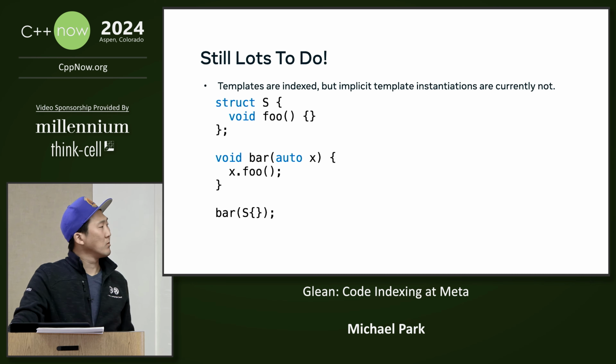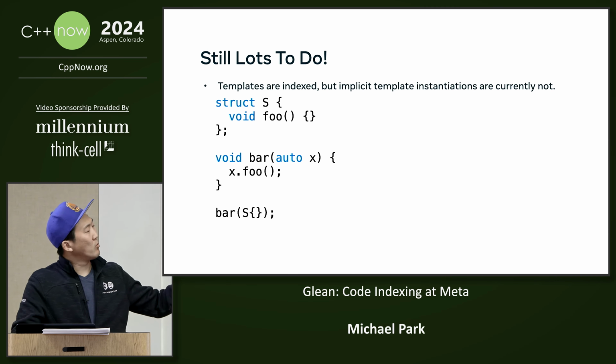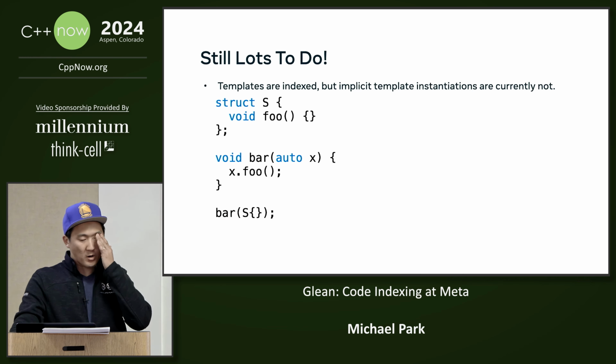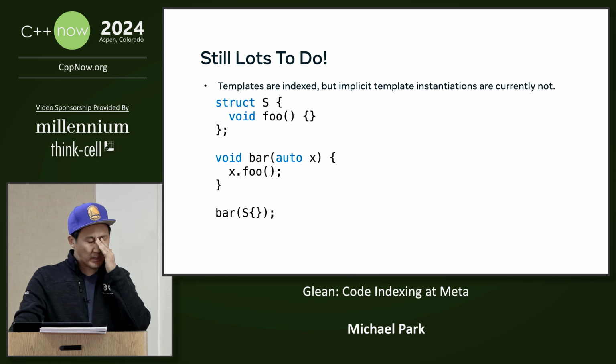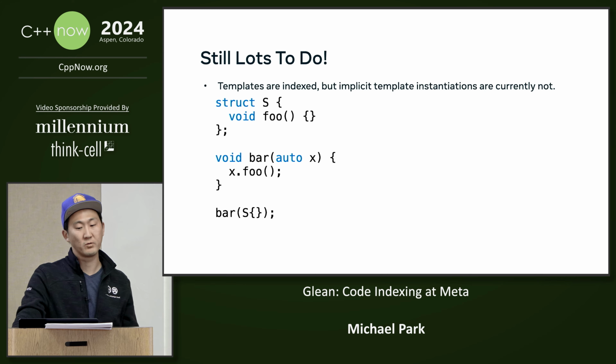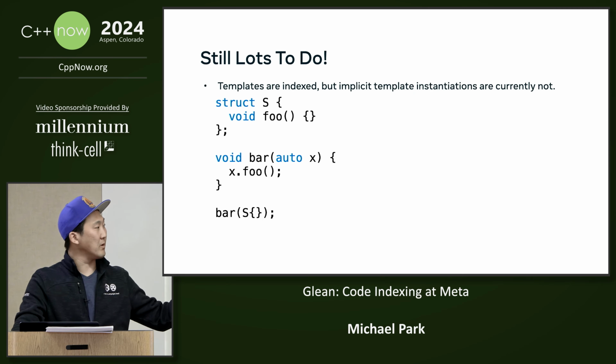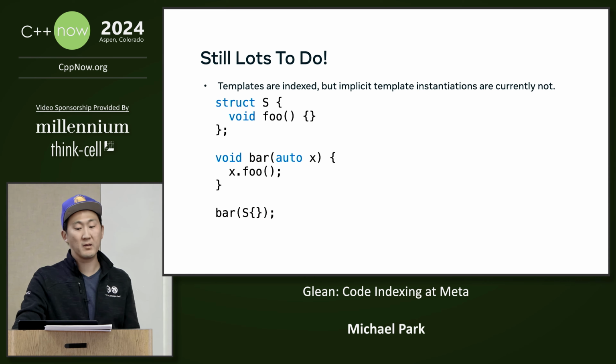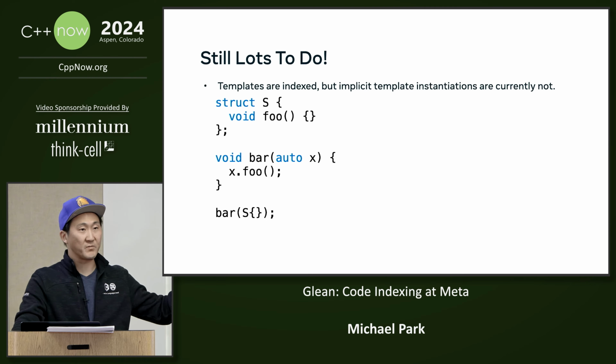Now, when I index the templated bar, it collects some information about it, but without the instantiation, it can't actually see the reference from x.foo to S::foo. And so this needs to happen at the bar call site with S. And in fact, if that bar call with S doesn't exist, then there is no reference from x.foo to S::foo, right?